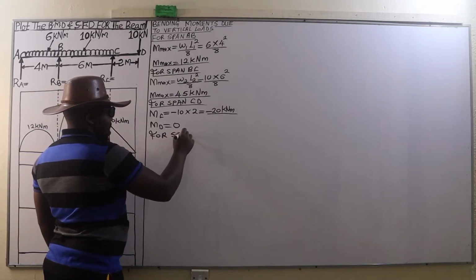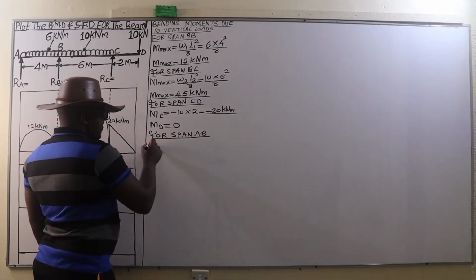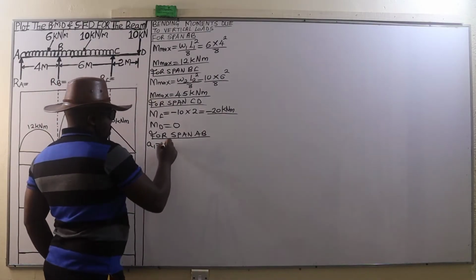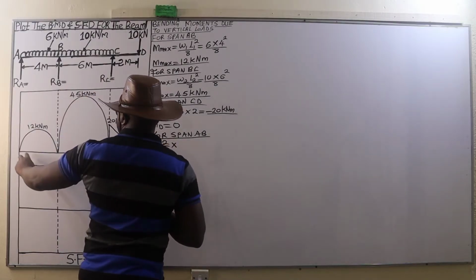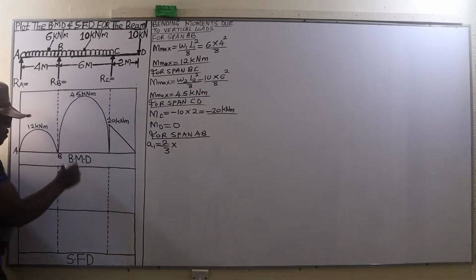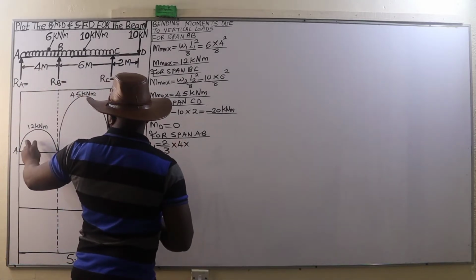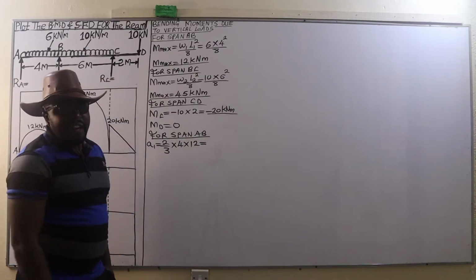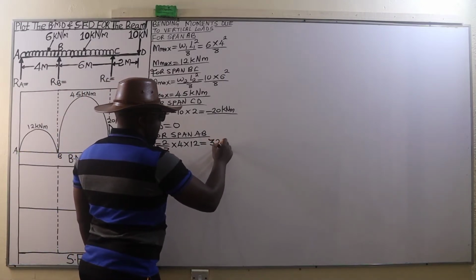Therefore, for span AB, A1, that is the area of this smooth curve, will be given by 2/3 multiplied by its base, that is the distance AB, which in this case is 4 meters, times its perpendicular height, which is 12 units. And when we do so, we are going to get an area of 32 square meters.